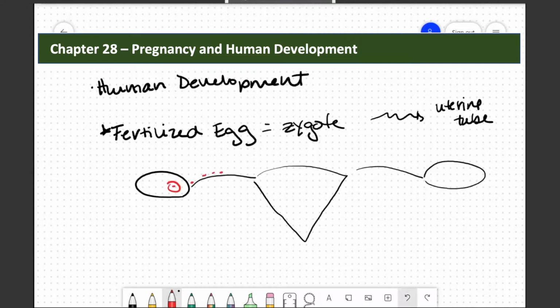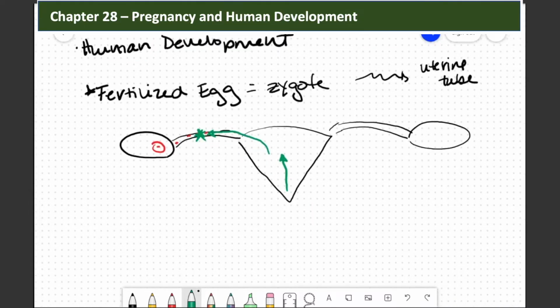As it's traveling down this fallopian tube, and the sperm is coming up through the uterus, the sperm will travel into the uterine tube, and this is where fertilization will occur. So at this point, it's going to be called a zygote.